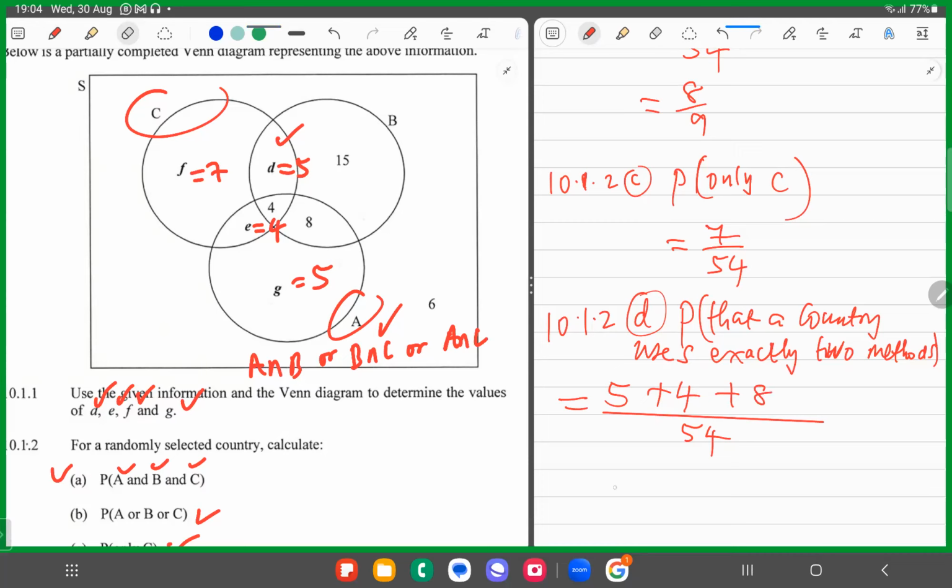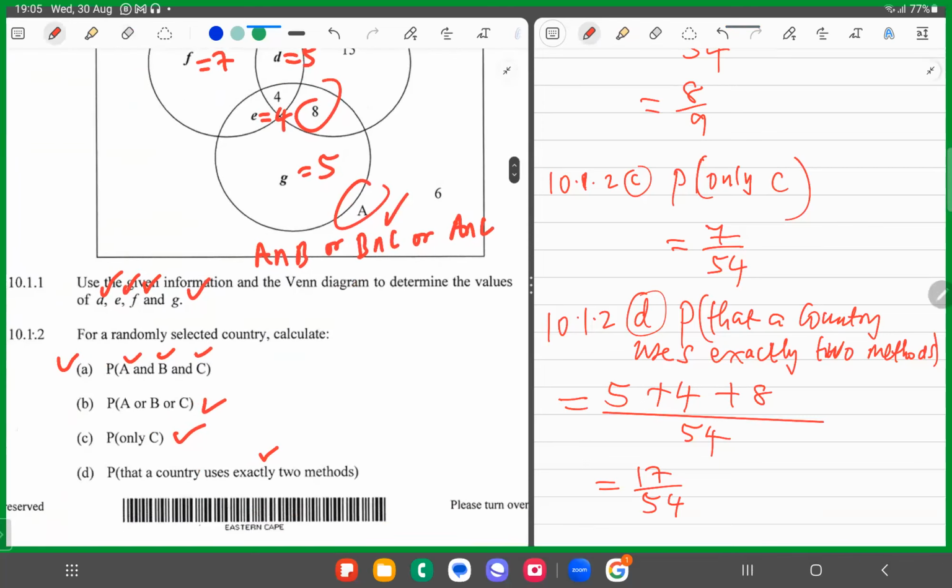And then if you add everything here, you're getting 17 out of 54. Right, you're getting 17 out of 54. So the probability that a country uses exactly 2 methods. Here you have A and B, and you exclude C. All right, so this is it.